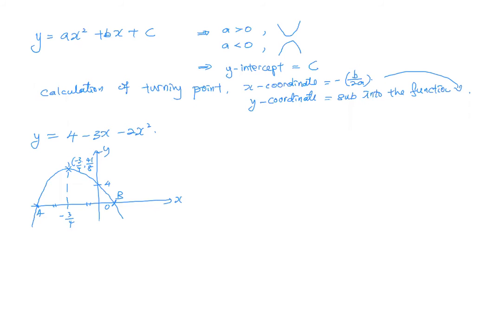Intersection point. When you say intersection point, we can have y-intercept, we can have x-intercept, we can have intersection point of two graphs. So which one are you referring to? X-intercept. Yeah, x-intercept.